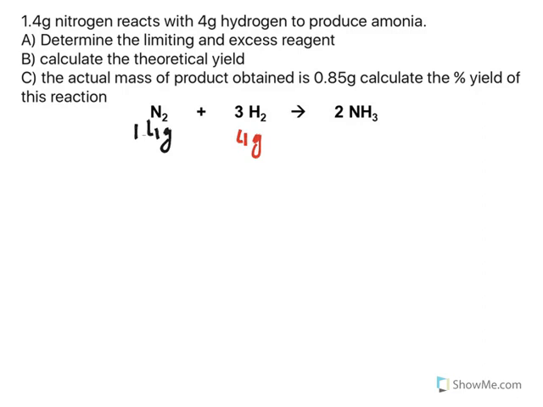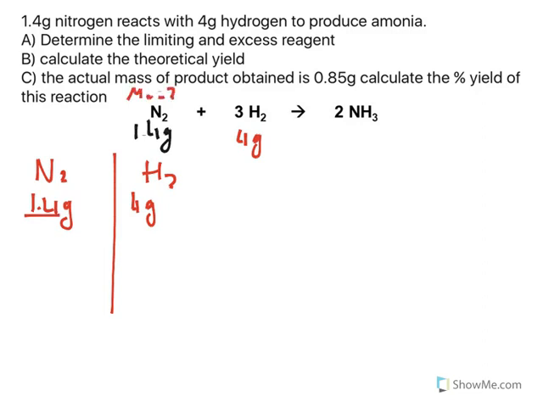So therefore, you just create a table for each reactant. So here is a table for N2 and here is a table for H2. Here I have given 1.4 grams and here I have given 4 grams. Remember that every time you have a mass, you have to convert it to mole. So 1.4 gram of nitrogen will be divided by the molar mass of nitrogen, which is 28 gram per mole.